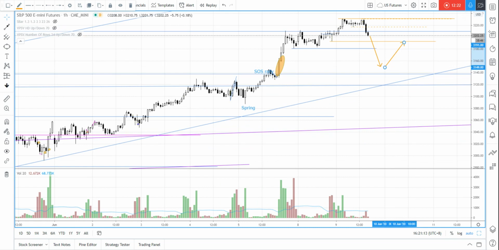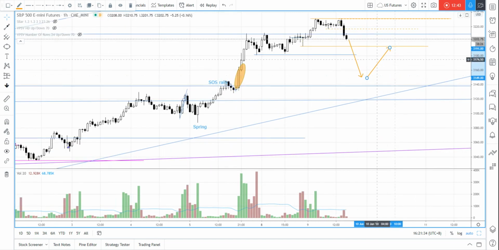So for the potential setup, for the long setup, I am still looking for a bounce at the key support levels. I talked about the levels: the day low, 3192, 3180, or even this area from 3135 to 3170.